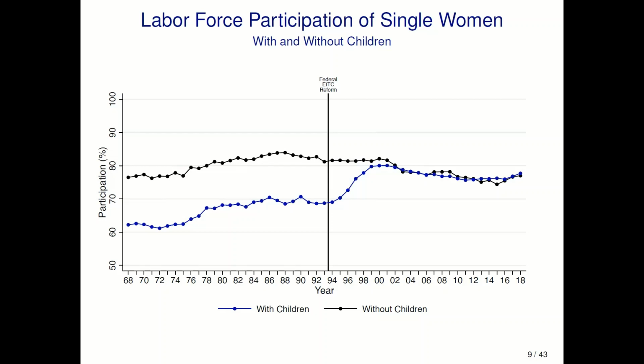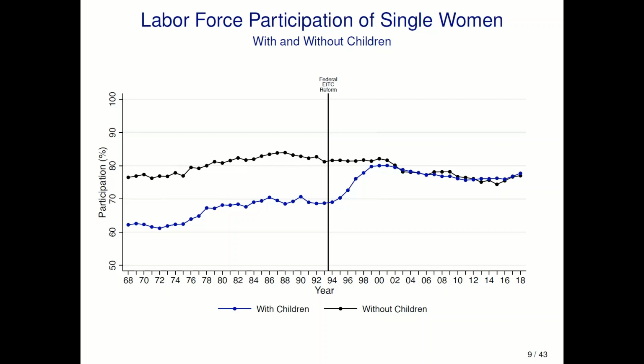The EITC is a tax subsidy specifically targeted to families with children. Because of the jointness of the US tax system, this tax subsidy is based on the joint income of the husband and the wife. In practice, these tax subsidies provide the strongest incentives for single parents or single women with children. So this was a big subsidy for single women with children to enter the labor market.